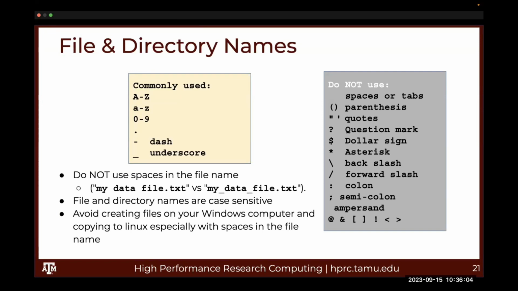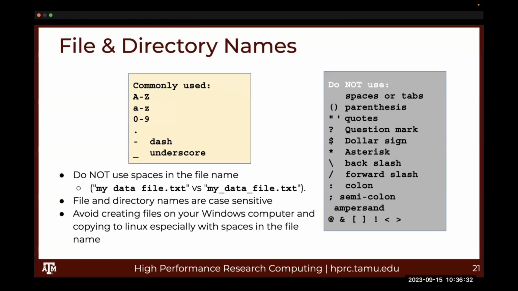So some commonly used things to name files, of course, can be your letters and numbers, periods, dashes and underscores are always good things to separate long file names. Do not use spaces in the file names. This is a terrible habit. If you want to call something like my data file, you can do that on Windows, right?